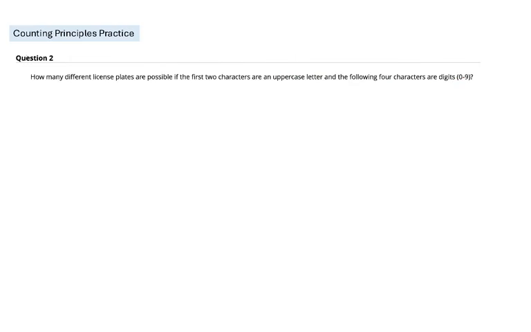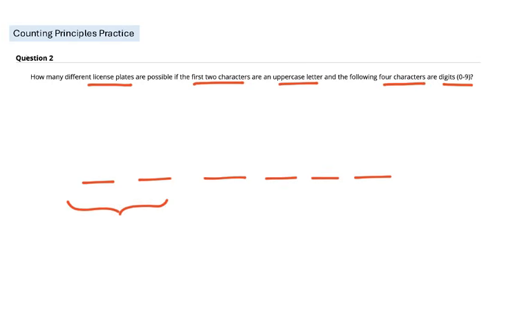How many different license plates are possible if the first 2 characters are an uppercase letter and the following 4 characters are digits? So again, we've got 2 letters followed by 4 digits. I would always advise you to draw a picture like this. So these are letters, and then we have digits.